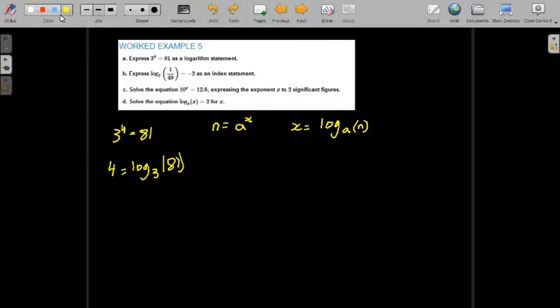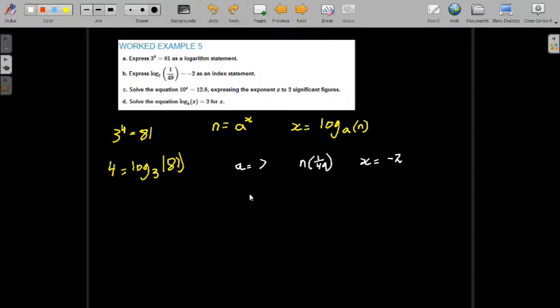Part B, so express log 7 1 over 49 equals minus 2 as an index statement. So this is going backwards. We've got a, in this case, is 7. N is going to be 1 over 49. And x is going to be minus 2.